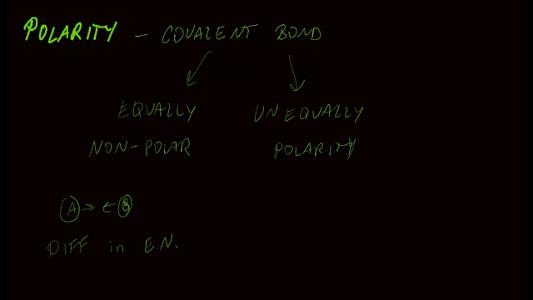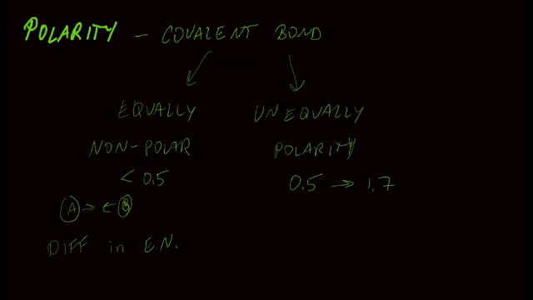And we know then if they're unequally sharing on the scales that the book gives you, if it's 0.5 all the way up to 1.7 difference, this is going to be unequally sharing. If it's less than 0.5, it's going to be equally sharing, and these are nonpolar bonds.